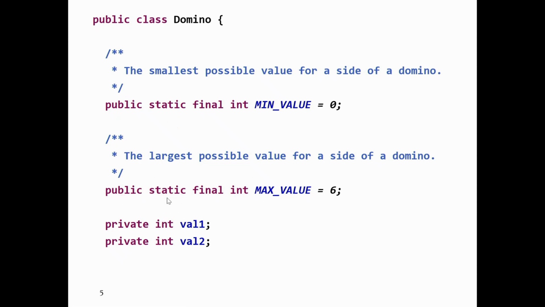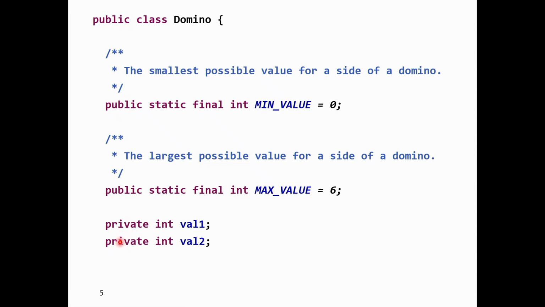Now, every domino object has its own number of pips for side 1 and side 2. So val 1 and val 2 are the number of pips for each side of the domino. Those can't be static because every domino has its own number of pips on each side.